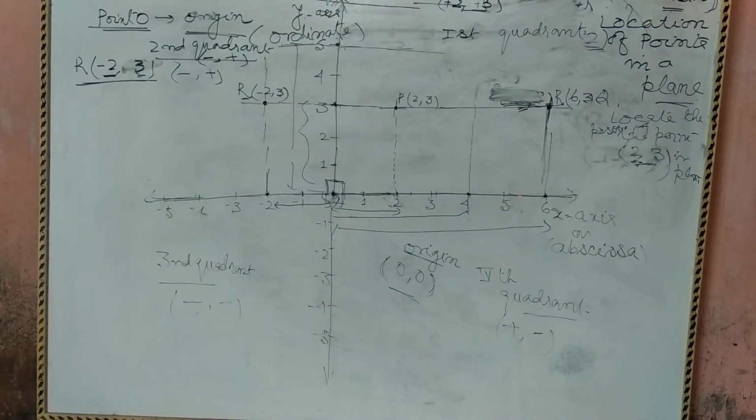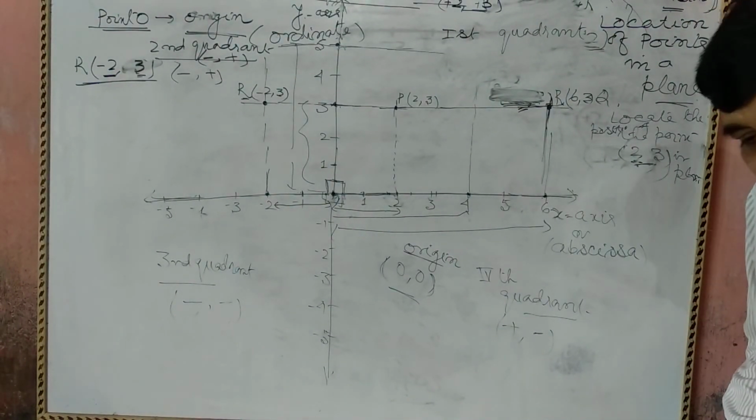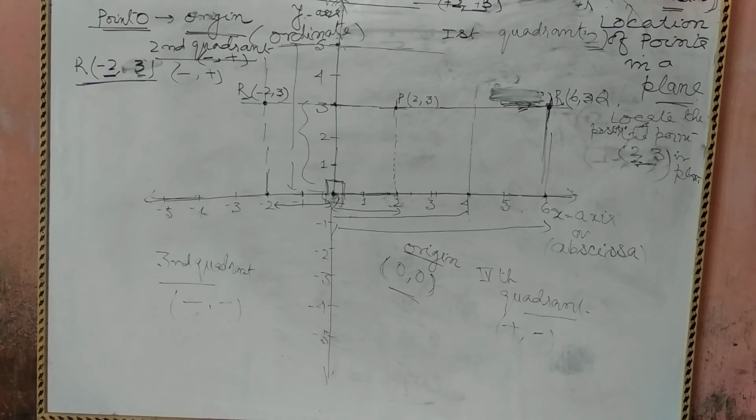After that you have to show the exact position of the points in a quadrant by drawing perpendiculars on the x-axis and y-axis. Where these perpendiculars meet, that should be the position of that particular point.